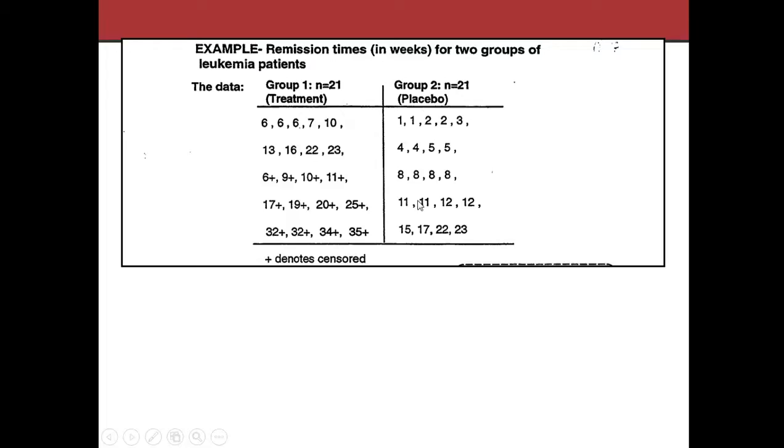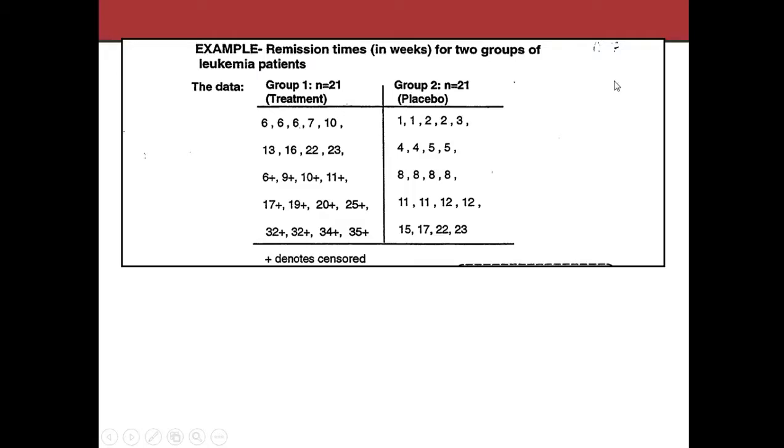Half of them get placebo, half of them get treatment. This would never happen in 2015. You would never not treat someone with leukemia. But this is a different time. Leukemia therapies were quite different prior to 1990, so this is that era, denoted by the Xerox specs.